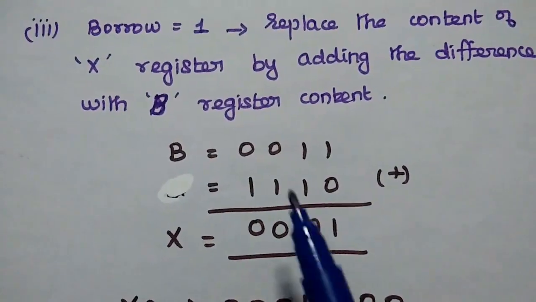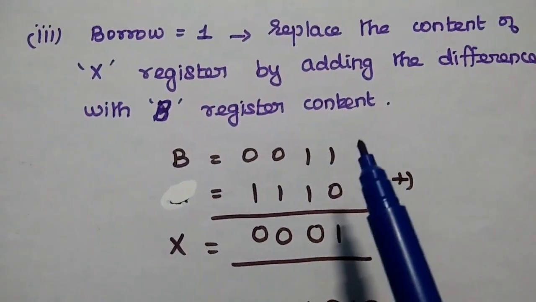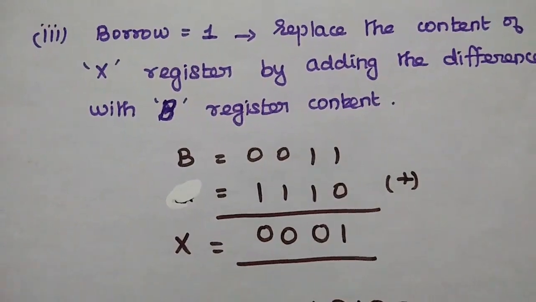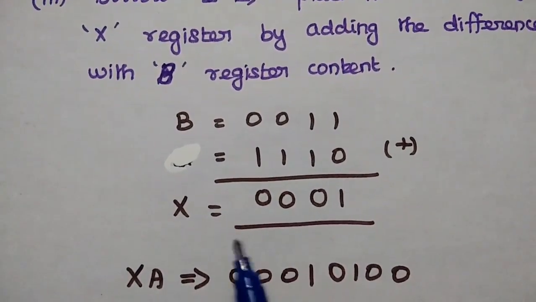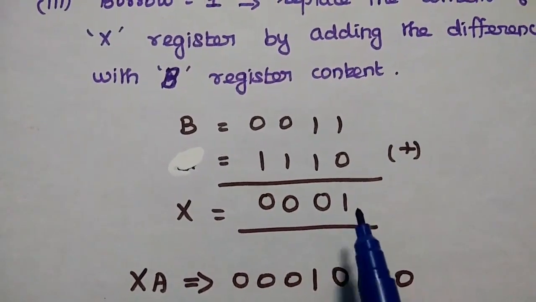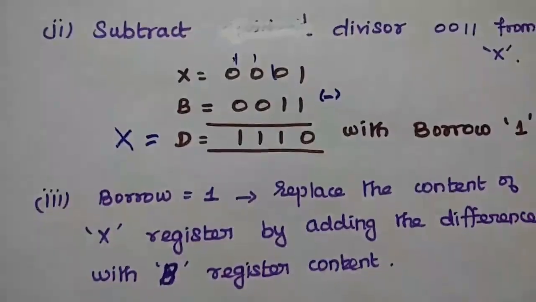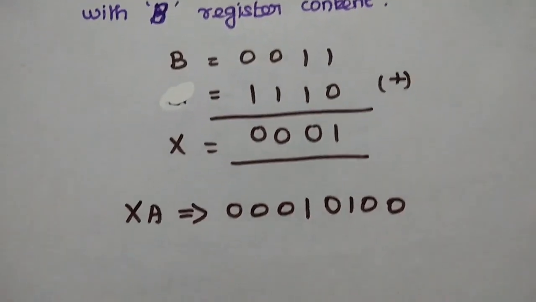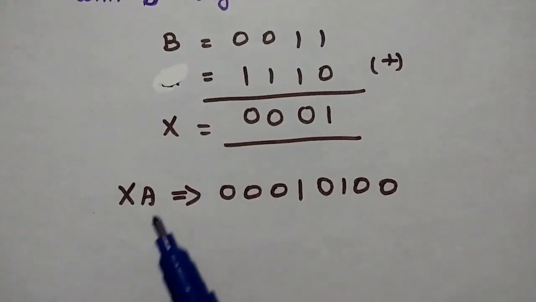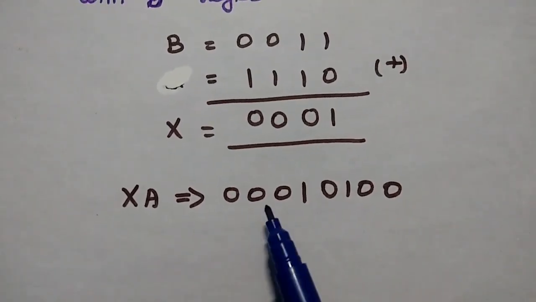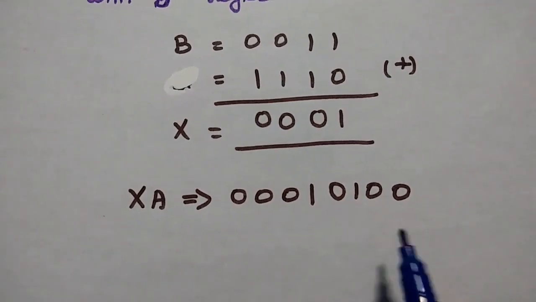So we add the difference with this divisor, and we get the value 0001 as such. Initially we had 0001, so we have restored the same value in the X register now. So now this XA becomes 0001 0100.